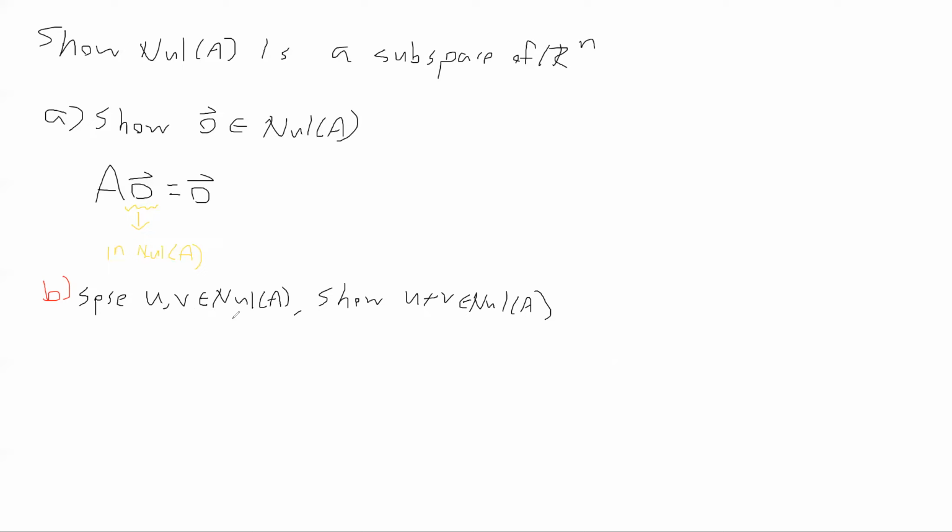We want to show that this is true as well. So u and v in the null space of A means that Au is equal to 0, and Av is equal to 0. Now, if we can show that the matrix A multiplied by the vector u plus v is also equal to 0, then we're done. So here we go.